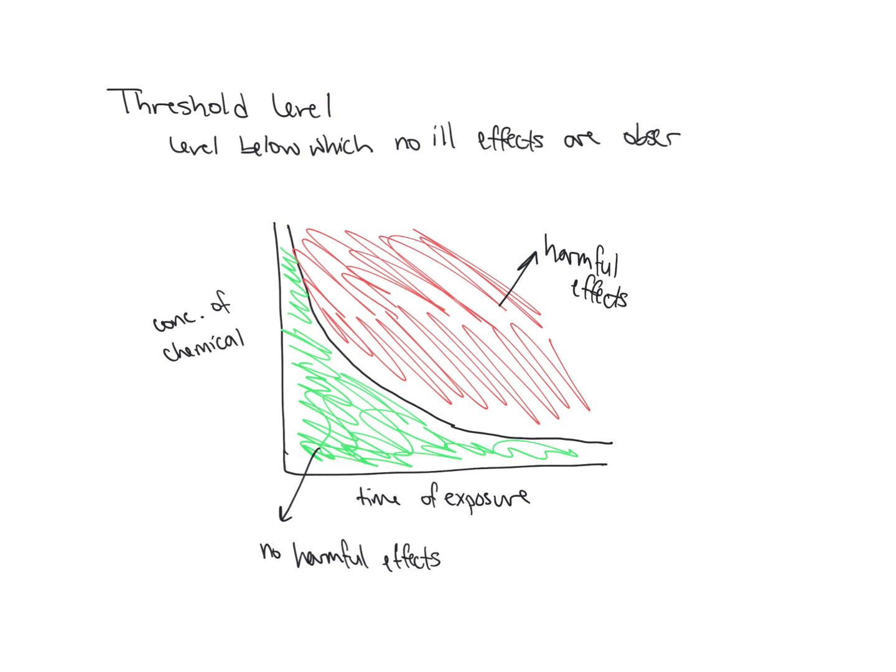This is just to show you that you can actually tolerate higher levels of concentration if the exposure time is short, right? So the dose is actually, remember, dose includes the amount of exposure times the amount of time the exposure has occurred, right? So the dose is actually more important than the absolute amount, right? You have to consider both the concentration of the chemical and the time of exposure.